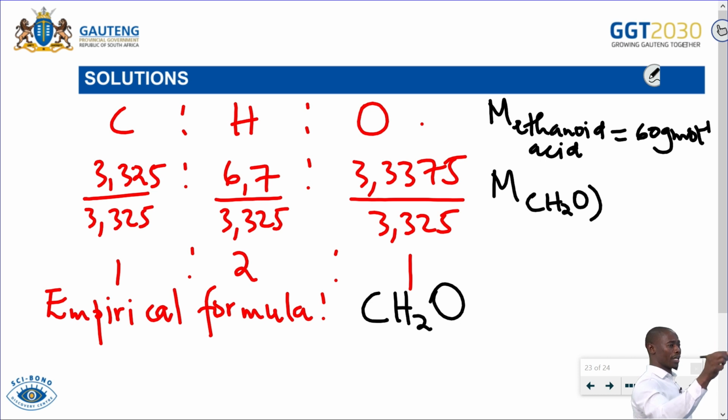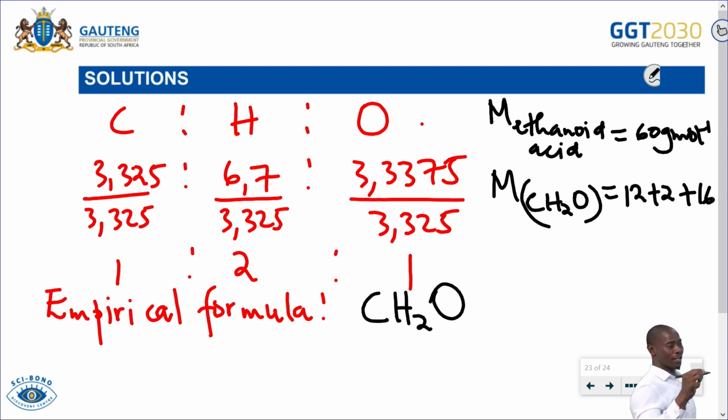Carbon is 12, hydrogen is 2 times 1, which is 2, plus oxygen, which is 16. So 12 plus 2 is 14. So 14 plus 16 is 30. So here it is 30 grams per mole.